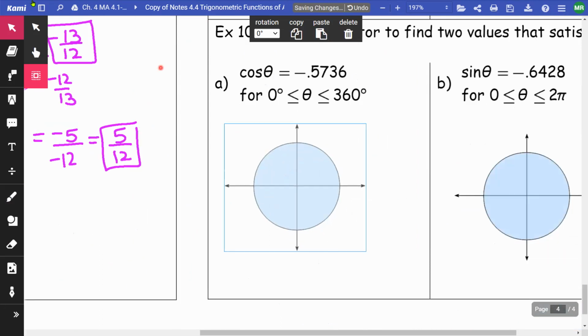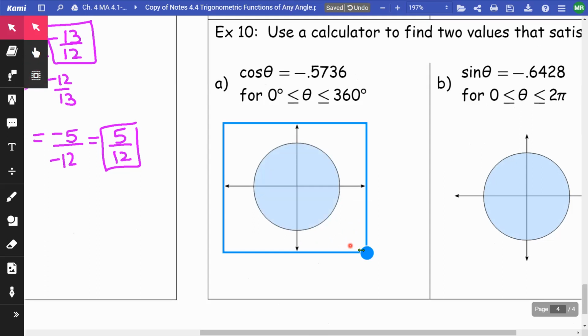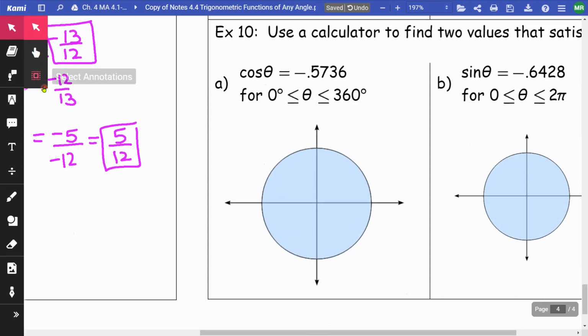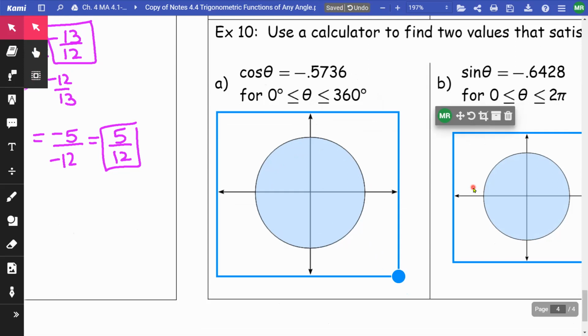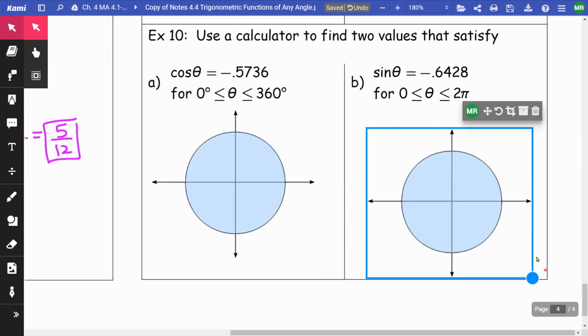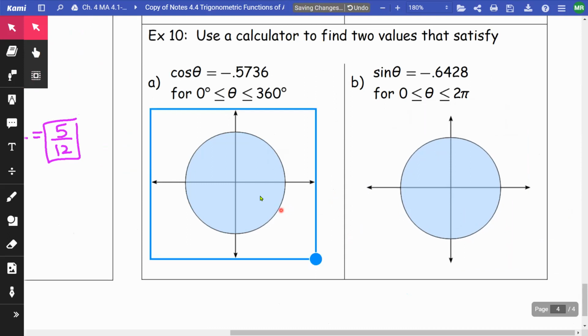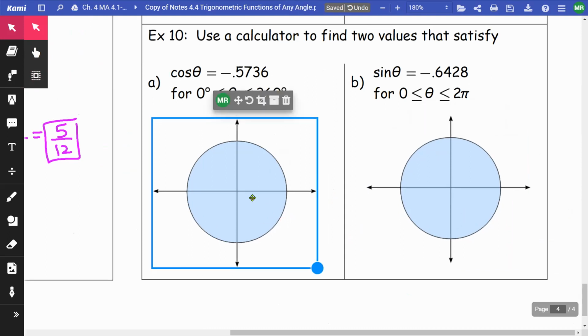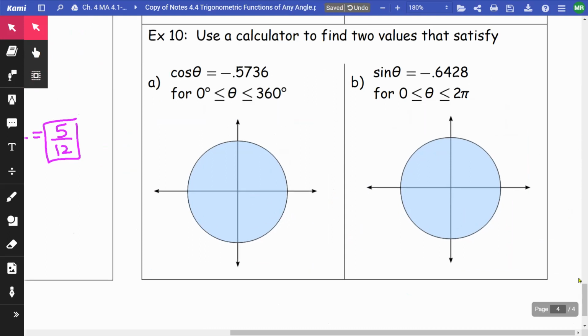But what's going to happen this time is these are not nice ones. These are going to be ones that I'm going to find on my calculator. Okay. And I'm just going to use Desmos to help us with this.